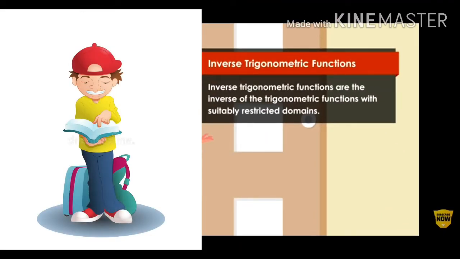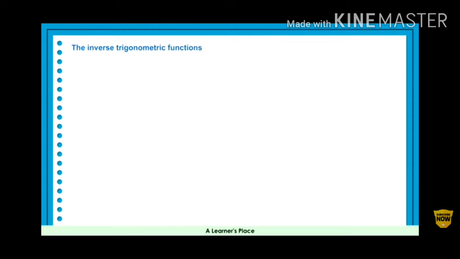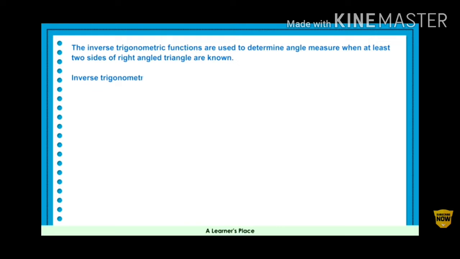So, inverse trigonometric functions are the inverse of trigonometric functions with suitably restricted domains. The inverse trigonometric functions are used to determine angle measure when at least two sides of a right angle triangle are known.